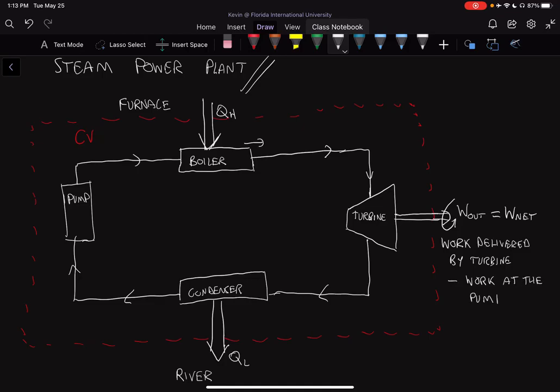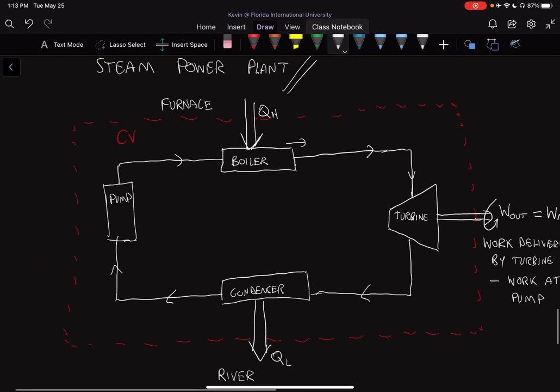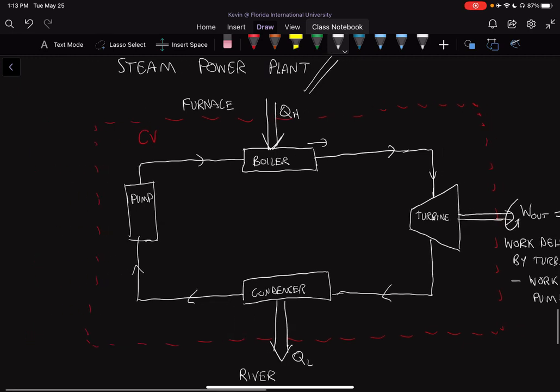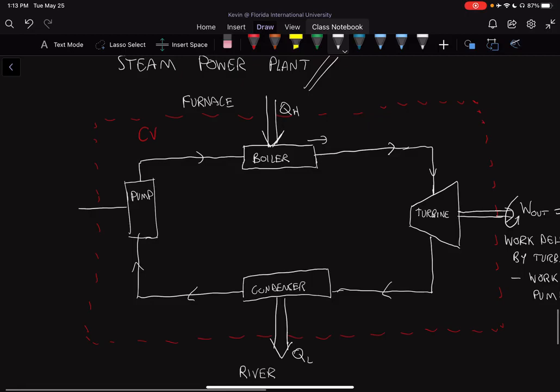So we usually draw it as work net on the right side, but actually the pump is also using some work coming from the outside. So some work is coming in through the pump to run the pump, right? We need to use some work from the pump.